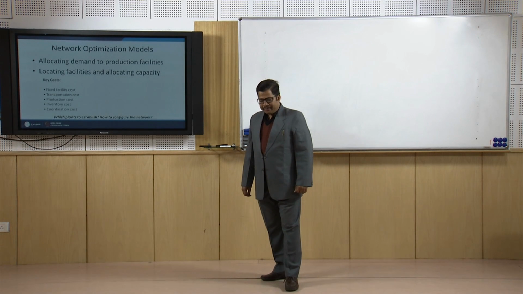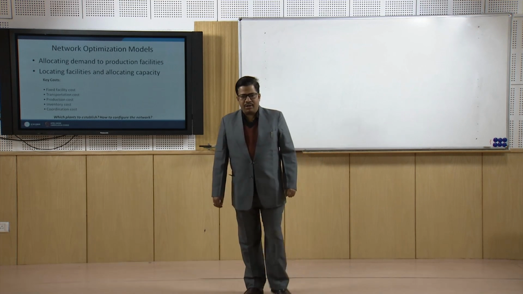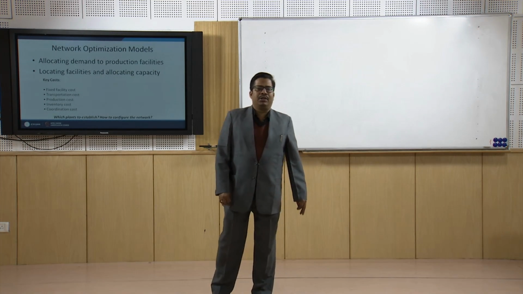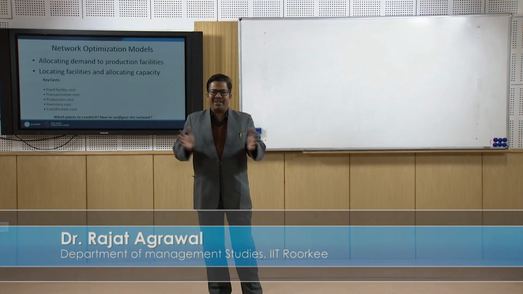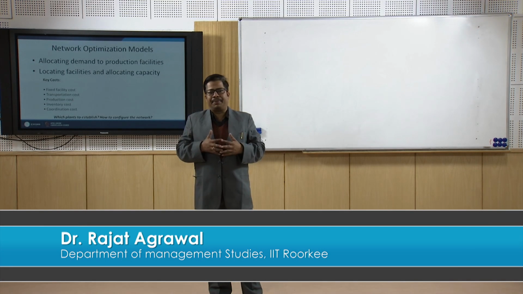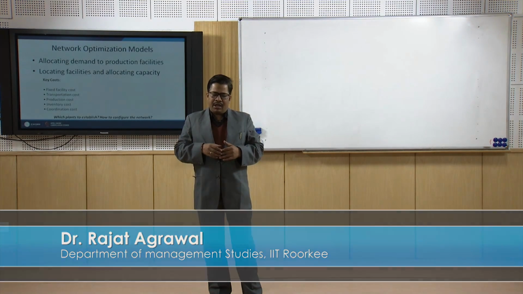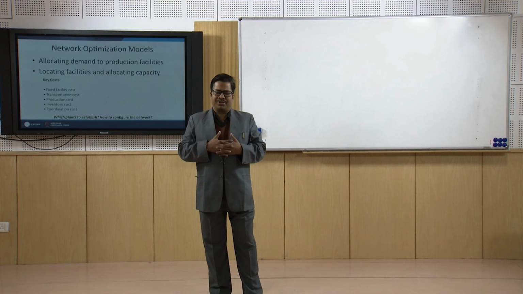So welcome back, and we are already discussing network optimization models. In our last session, we discussed the use of the gravity location method, where we decide coordinates of various supply and demand locations, and we want to locate a warehouse.